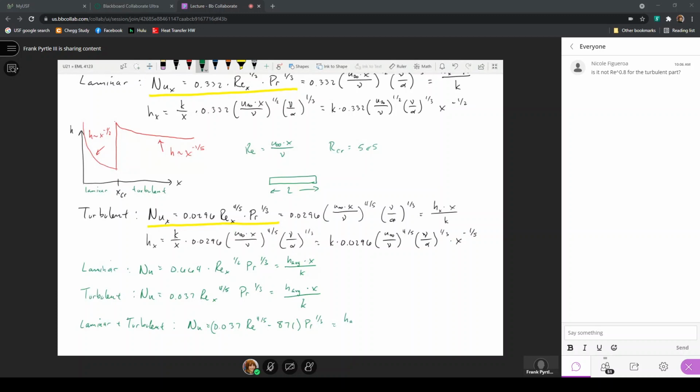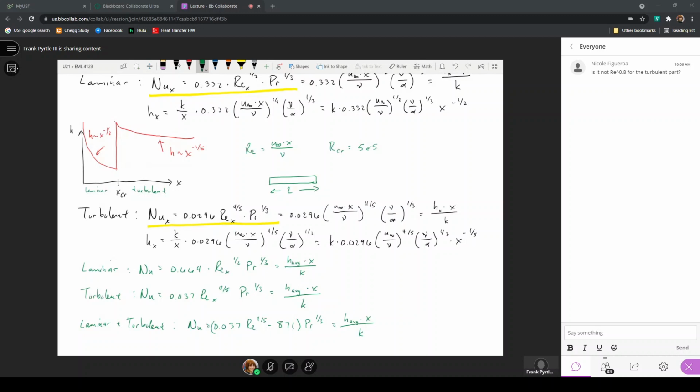This will give us the average heat transfer coefficient times x over the thermal conductivity. This expression we use when we have a laminar and a turbulent flow condition that exists over the entire length of the plate, and we want to get the average heat transfer coefficient that exists over the entire length of the plate.